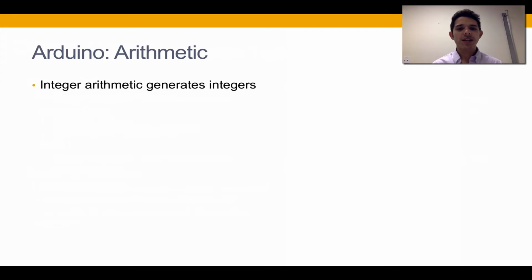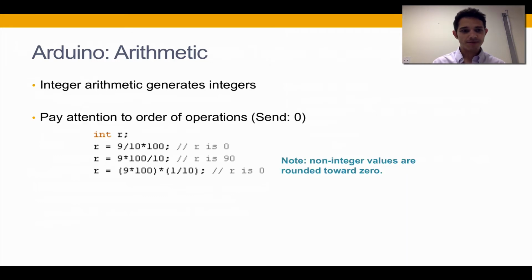Okay, so let's explore the role of precision and these different data types by doing some Arduino arithmetic. So let's consider integers. If we do arithmetic with integers, then we will get integers. So for example, let's consider the following, where we really need to pay attention to order of operations.